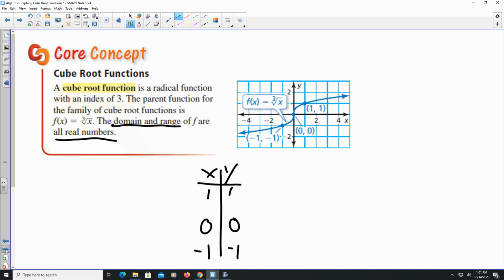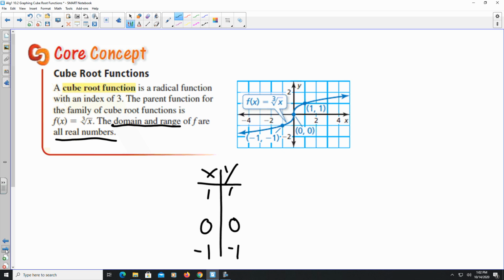Then it changes its look depending on vertical and horizontal stretches, and the positioning of where it crosses, by certain translations. The transformations for cube root functions have the same characteristics and the same way of writing them out as the square root functions.